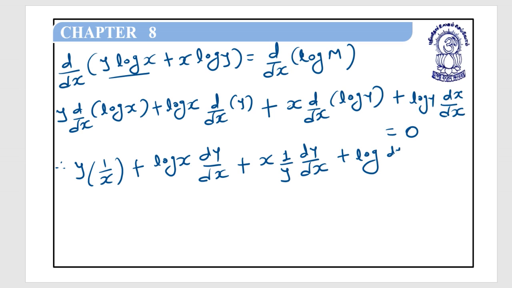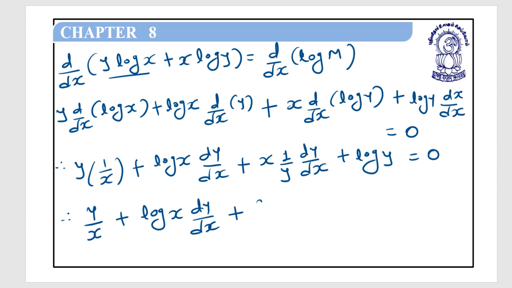Okay, so only here you have to write log y is equal to 0. So y by x plus log x dy by dx plus x upon y dy by dx plus log y is equal to 0.